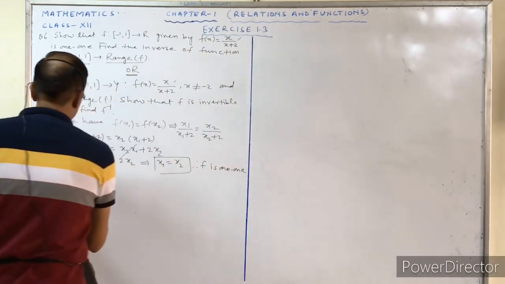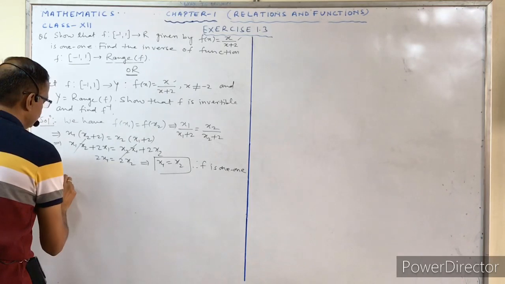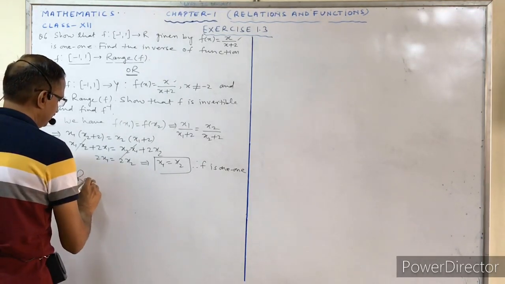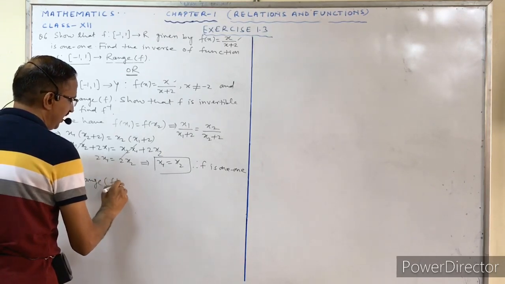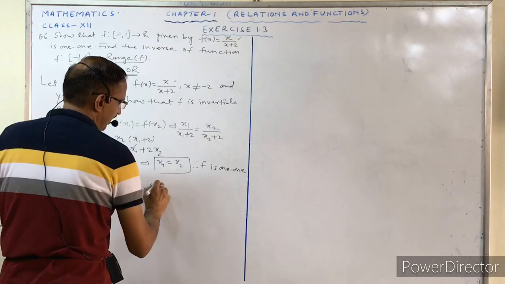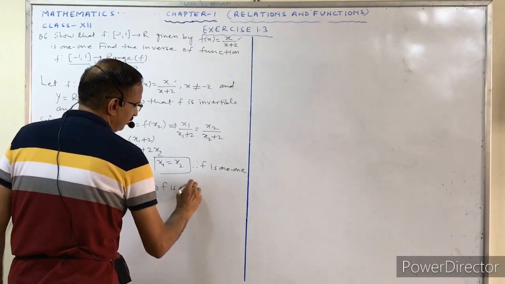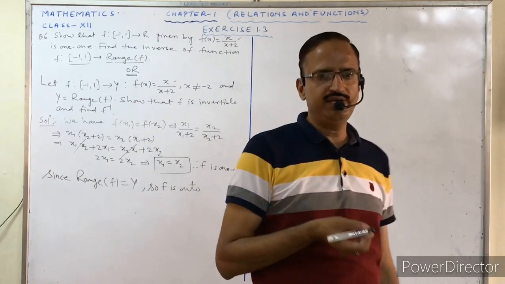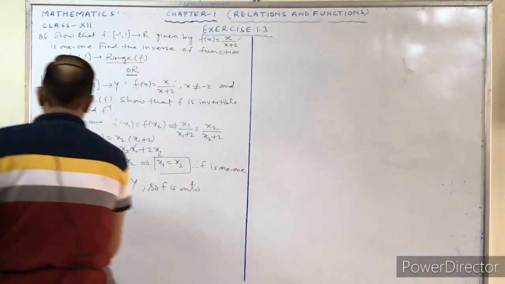So we will write: since range of f equals Y, f is onto. Now since the function is one-one and onto, it is invertible.